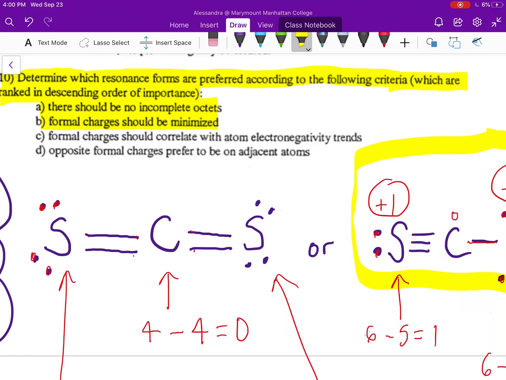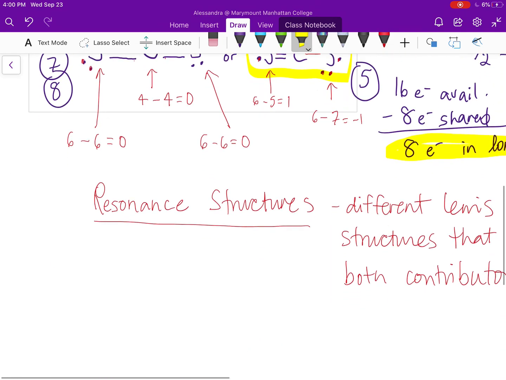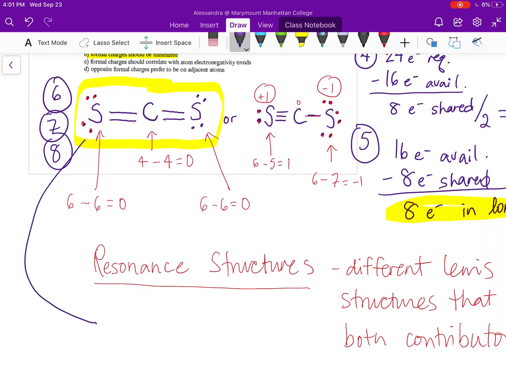So that letter B right there tells us that when I am considering the resonance structures for carbon disulfide, the one without the formal charges on the atoms is by far going to be the one that is preferred. Okay, so this resonance structure is going to be preferred due to minimized formal charges.